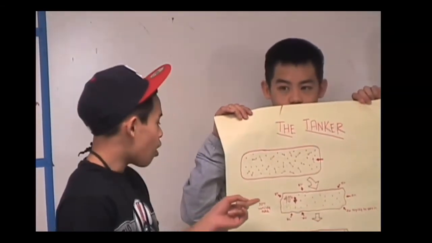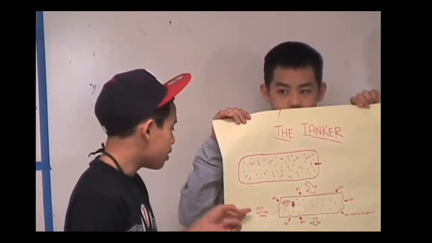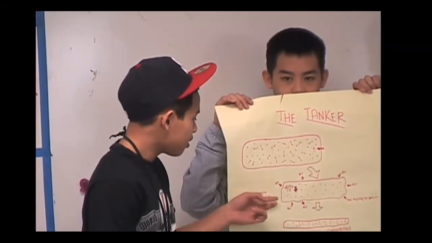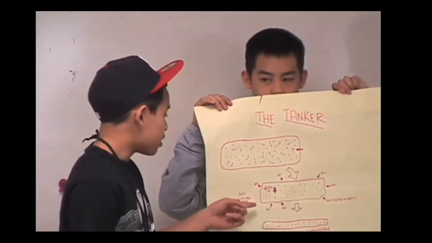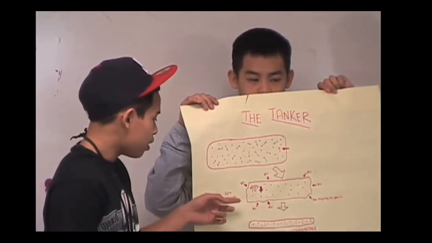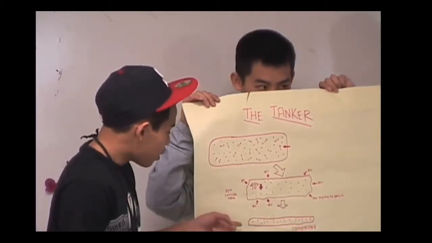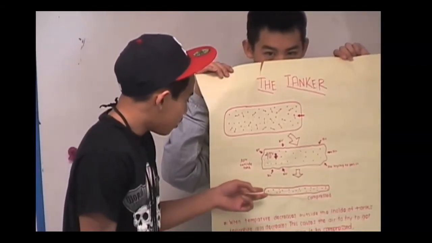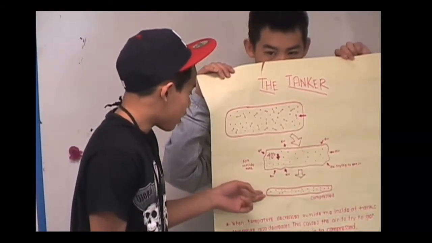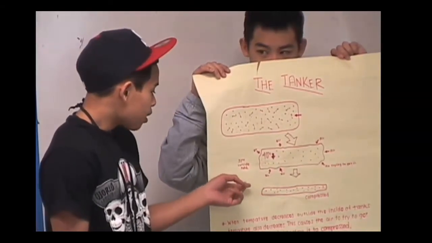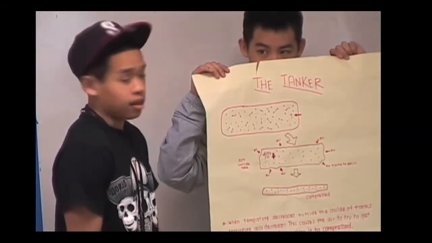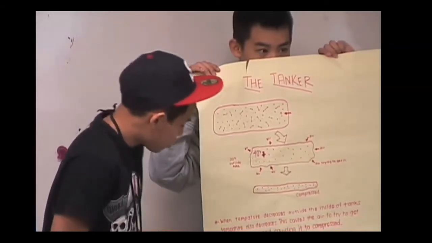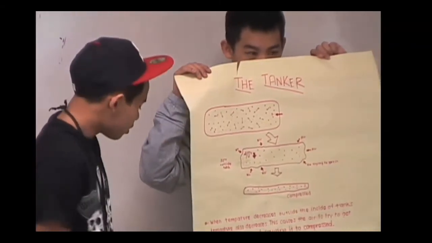As it's cold, the air wants to get inside the tank, so it's pushing on the tank, and the molecules inside start moving slower, and then over here, the molecules stopped and everything dropped, because as it's cold, the steam inside turns to liquid and then it compresses, so it drops down.